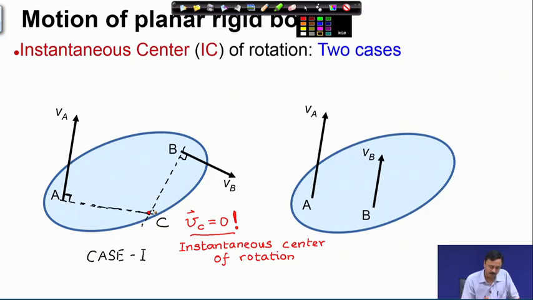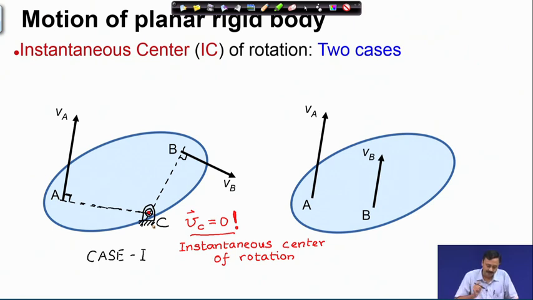So, the whole motion of this body is specified. At such an instant you can imagine that this point C is kind of hinged to the ground, because its velocity is 0 at this instant, as if the whole body is rotating about point C. That is the idea of instantaneous center of rotation.